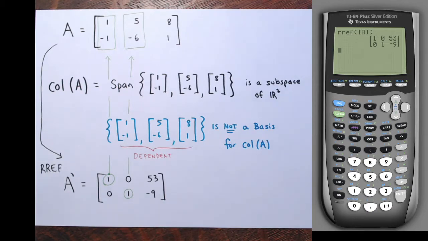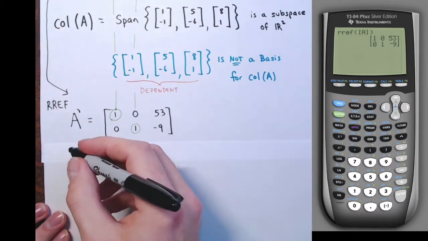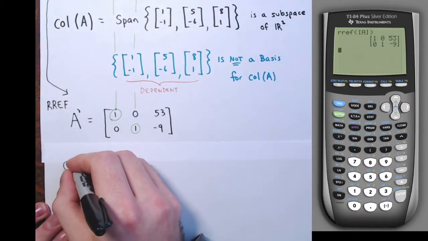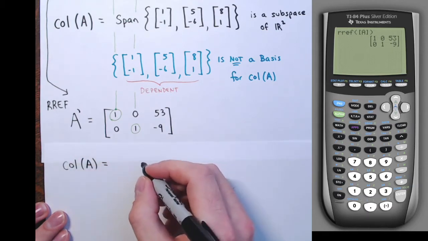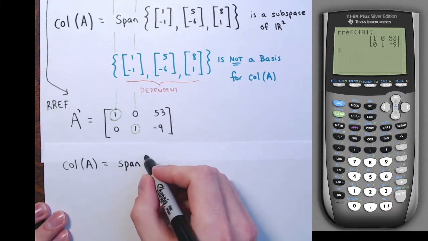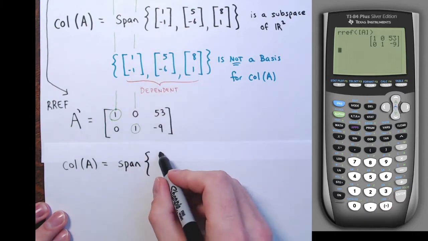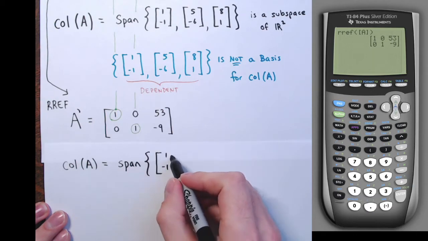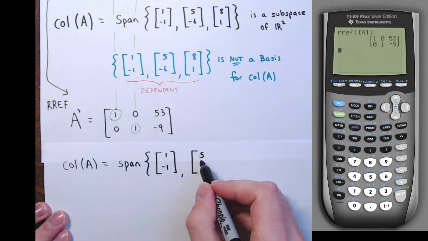All right, so a basis for the column space. All this means is that the column space, instead of the span of all three of those vectors, I could say is just the span of the set with those first two, the (1, -1) and the (5, -6).